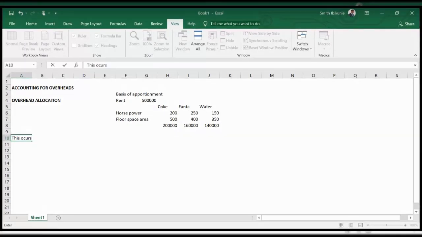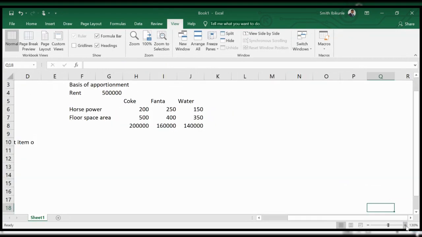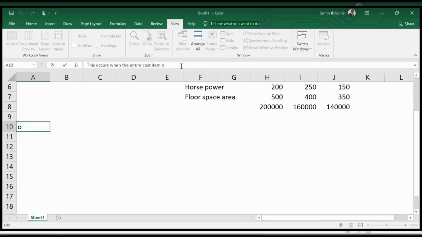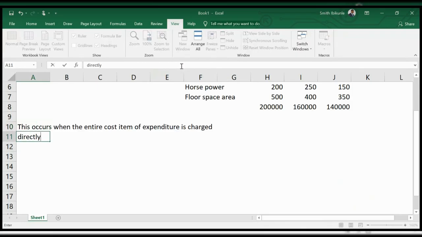This occurs when the entire cost item of expenditure is charged directly to a cost center who is solely responsible for the cost.